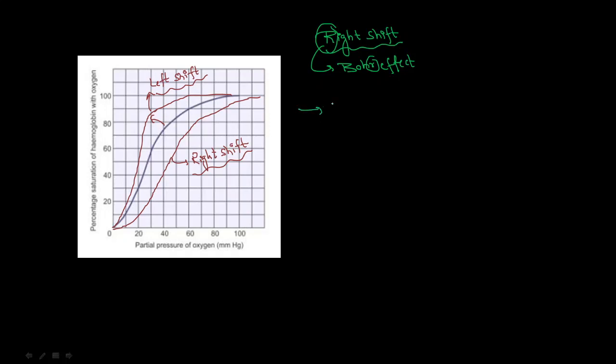when oxyhemoglobin is breaking down. So breakdown of oxyhemoglobin is happening, okay? Where does it happen? It happens in tissues only, in order to provide this oxygen to the tissues for cellular respiration.